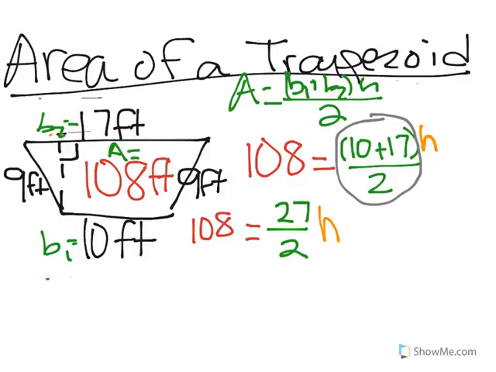And now I need to divide 27 divided by 2. So that is giving me 108 equals, well, 27 divided by 2 is going to be 13 and 5/10.